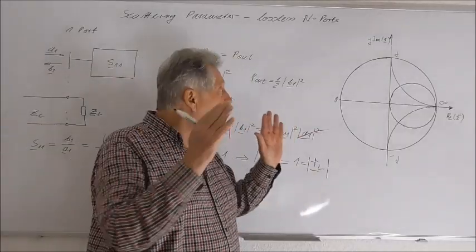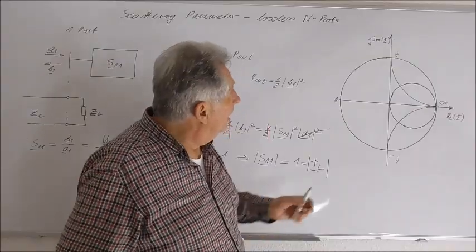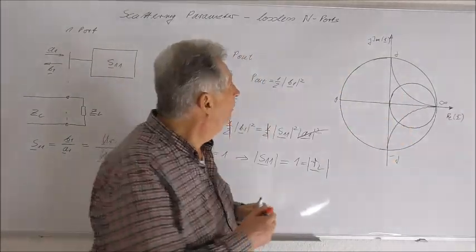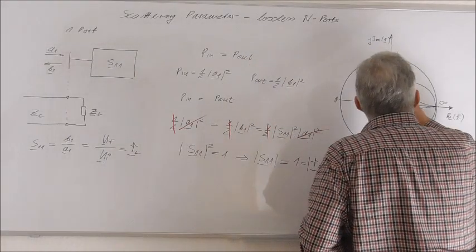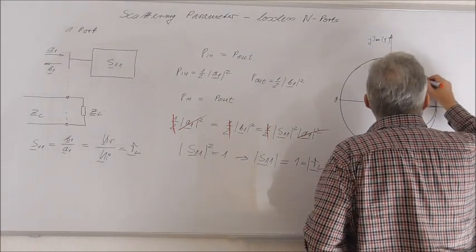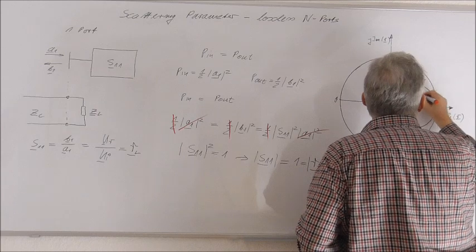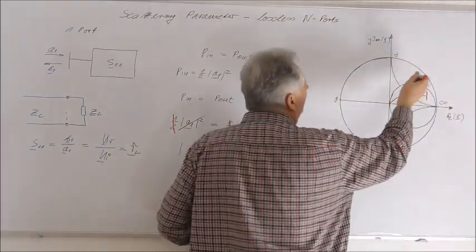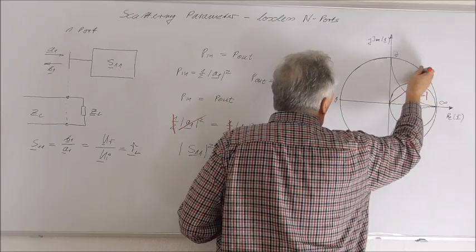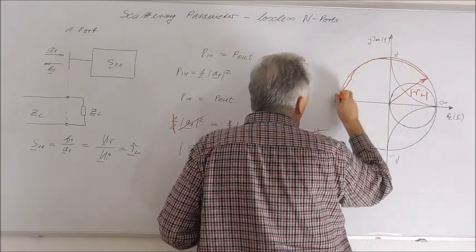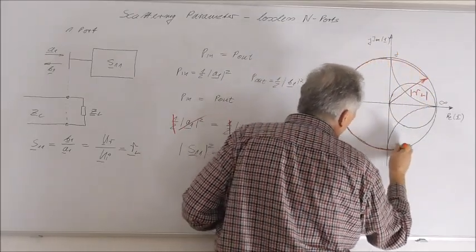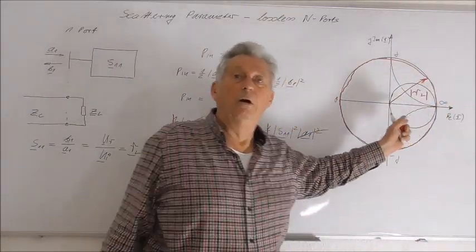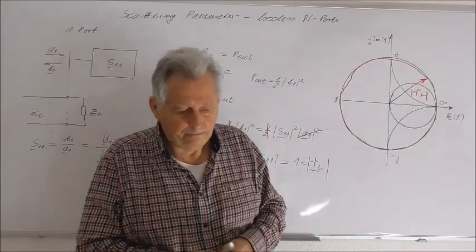Of course they all lie on the unit circle of our Smith chart. So if we only consider the absolute value of RL, then all s-parameters with an absolute value 1 will lie on the unit circle of our Smith chart.